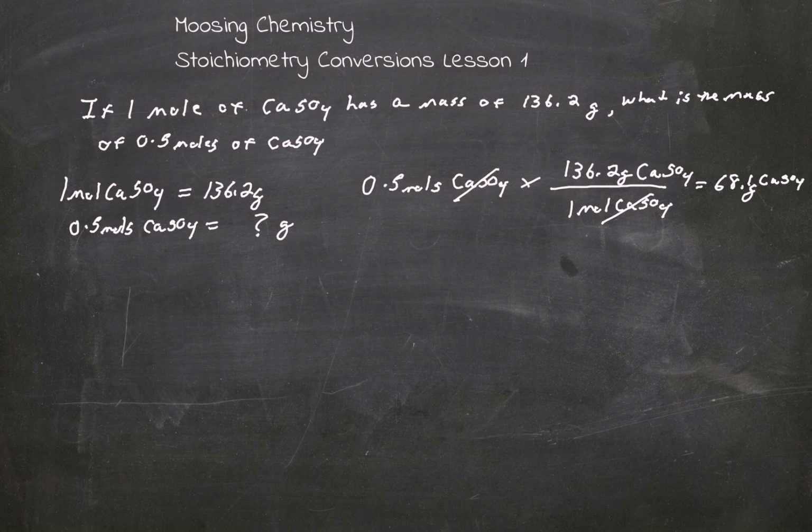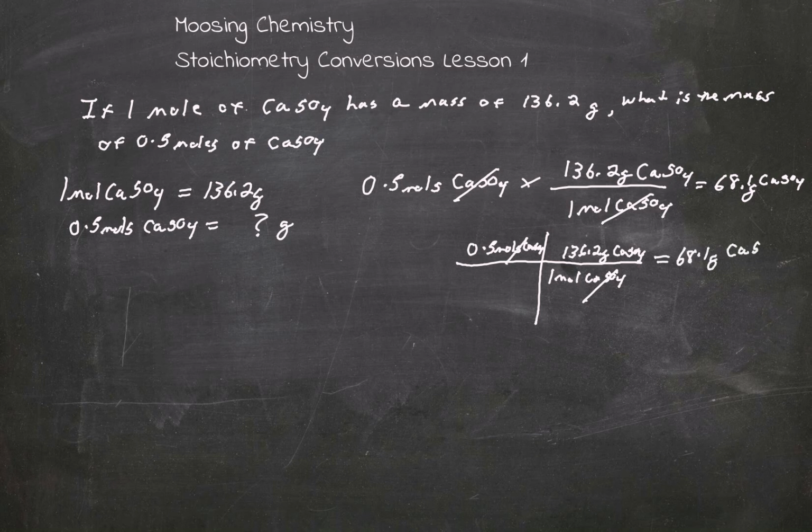Now, this is called the factor label method. Some people like to use this really small table method, and they go 0.5 moles of CaSO4, 1 mole of CaSO4, 136.2 grams of CaSO4. They go like this, and they get 68.1 grams of CaSO4.